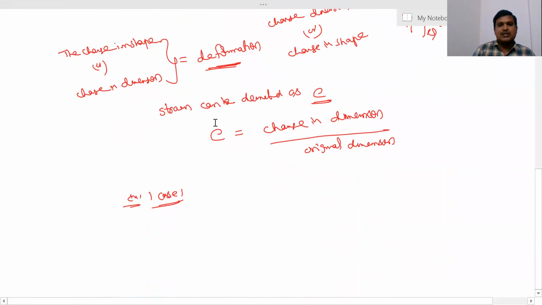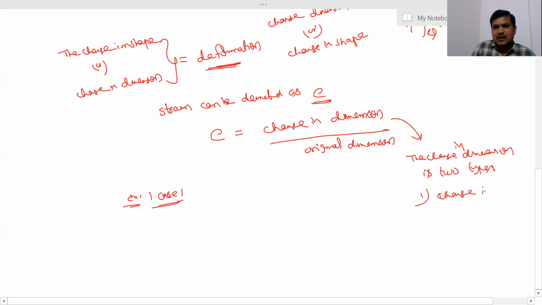So the change in dimension is of two types. One, change in length. And there is a change in diameter. So strain we can write with respect to dimension, with respect to length.